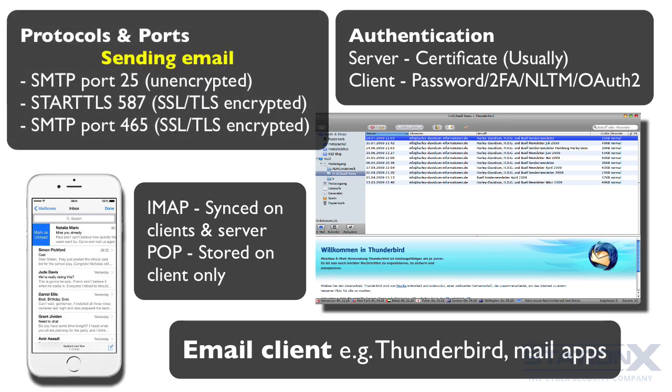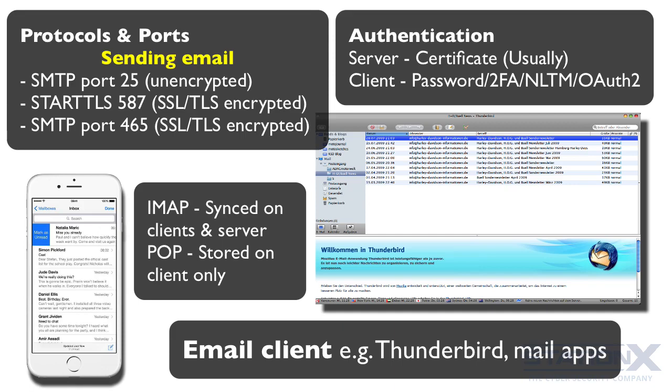Then we have the protocols for sending emails with an email client. We have SMTP port 25, which is the original unencrypted port to use. You don't want to use this if you care about your emails and sending your emails and privacy. Then you have something called Start TLS, which is usually on port 587, and that is using SSL TLS encryption.